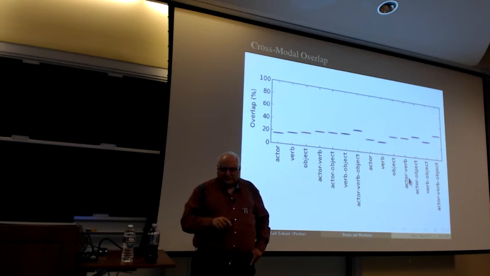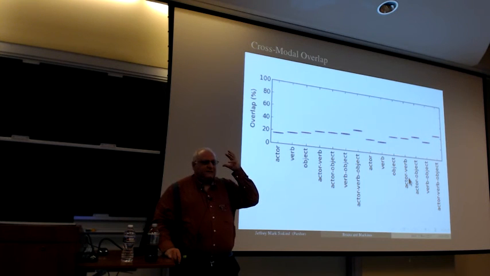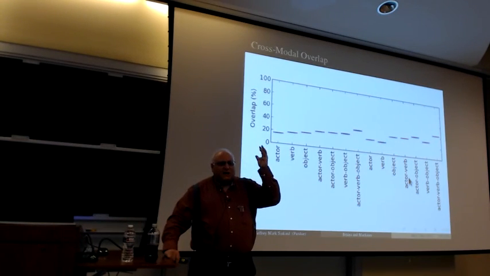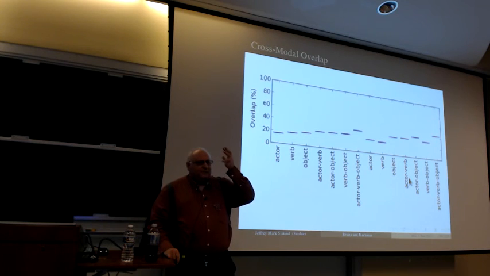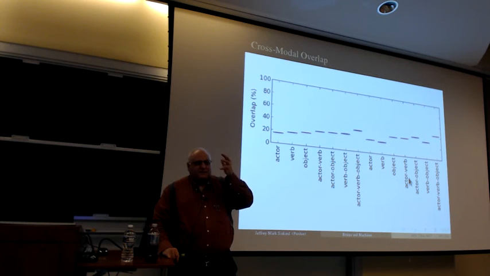What this says is that the brain activity pattern evoked when you read a sentence, two sentences like John picked up the chair and Mary put down the briefcase, has 40% overlap with the brain activity evoked when you watch a video of John picking up a briefcase and Mary putting down a chair.